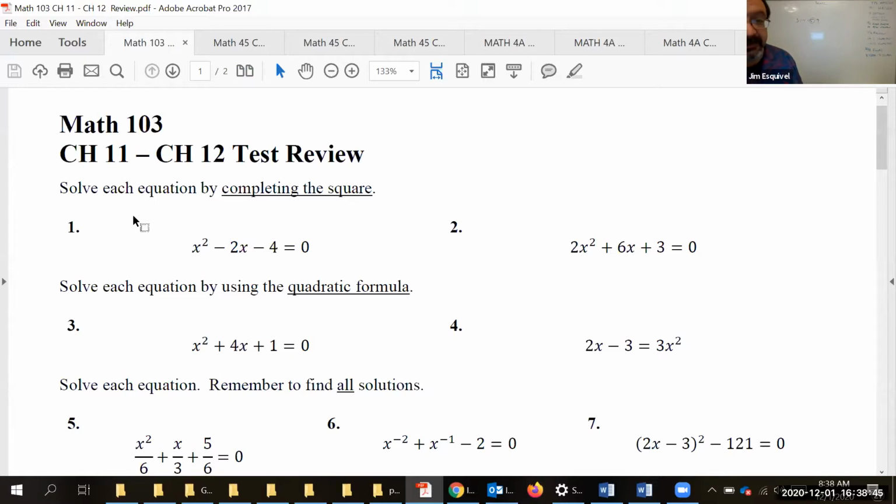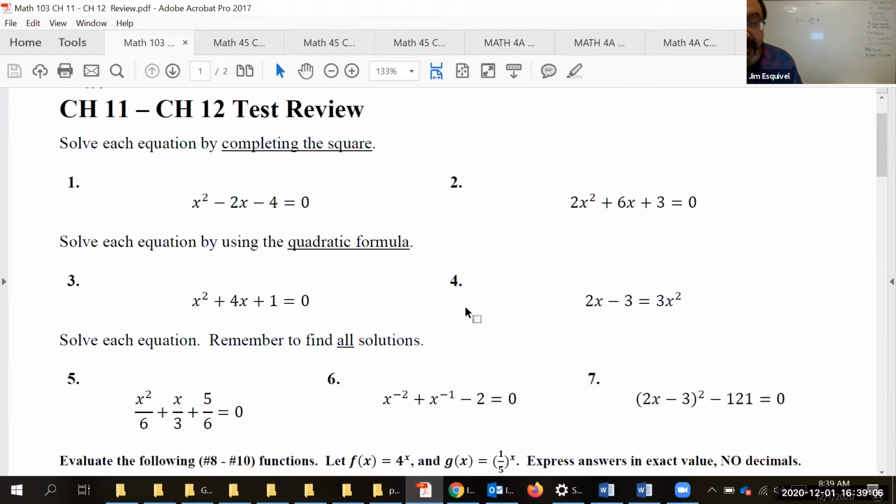Sent this out Sunday night. Your test is going to look like this. It's just going to be 6 problems, not 7, but 6 problems. The first 2 problems, you have to solve it using completing the square. The next 2 problems, you have to solve it using the quadratic formula. And then the last 2 problems, it doesn't specify. You can solve it any way you want.